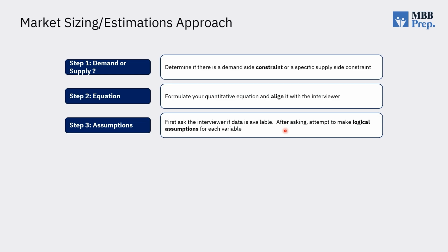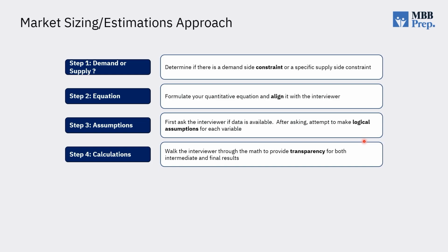If the interviewer suggests we take assumptions, we then take logical assumptions for each variable. So first ask and then assume. So if the interviewer says, Ashwin, go ahead and take logical assumptions, then you go ahead and make logical assumptions for each variable in the equation.